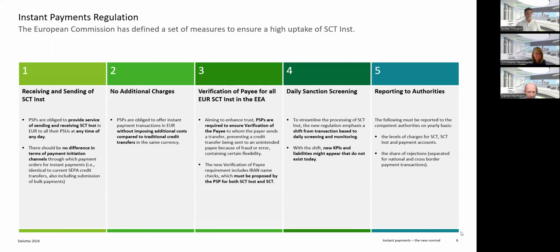It is an obligation. If you provide credit transfers, it's also an obligation to offer sending and receiving of SEPA instant credit transfers. And this means that you have to be sure as a payment service provider that you offer this service 24 hours, 7 days a week, 365 days a year.